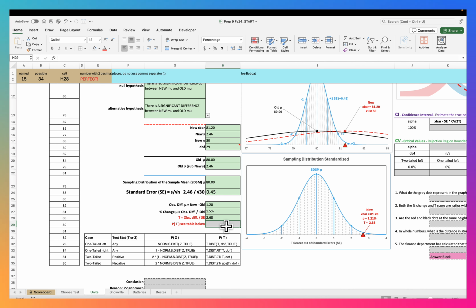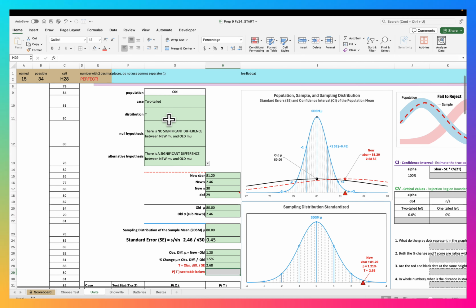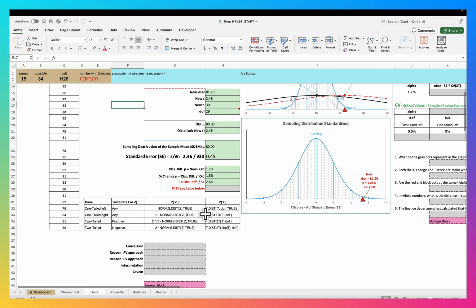And in the t's, you have to figure out if you're one-tailed left, right, or two-tailed. And then if you're two-tailed, if you're positive or negative. So we are two-tailed, and we're positive because this is a positive number.